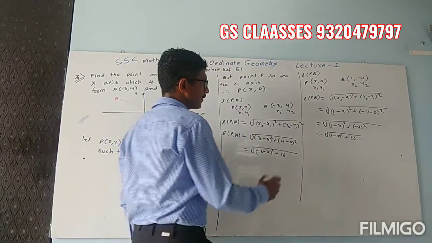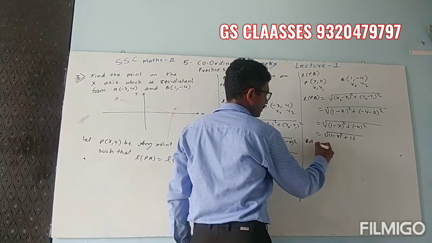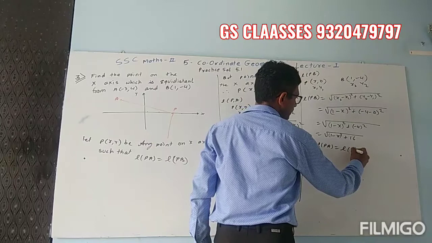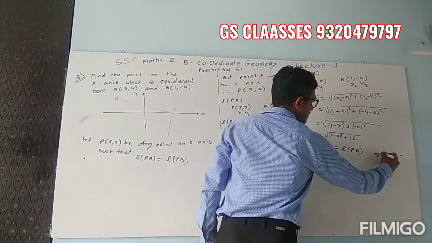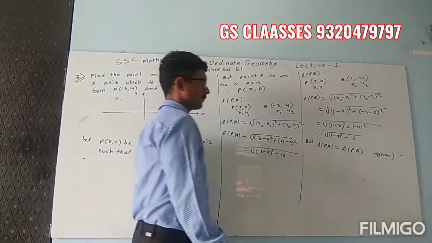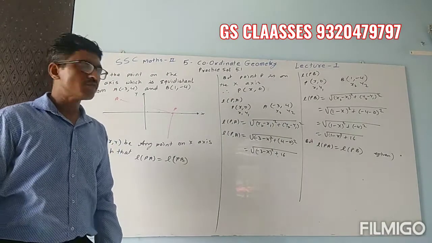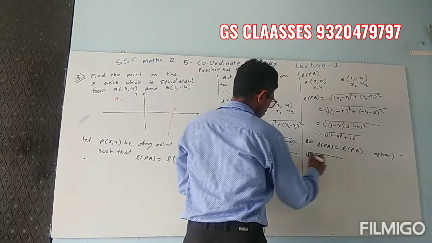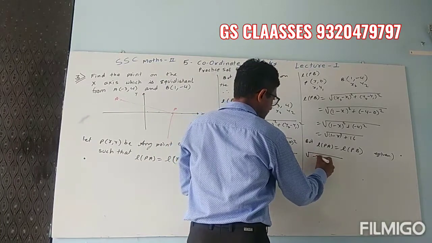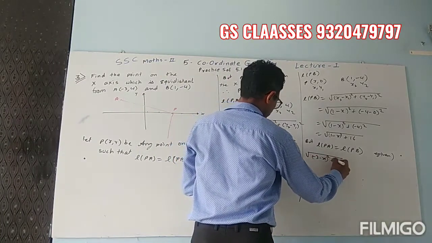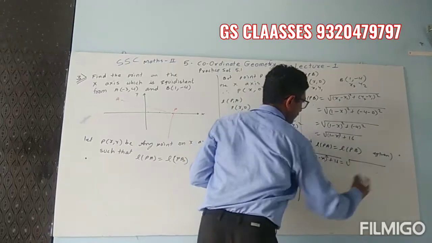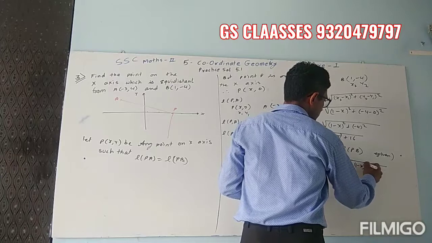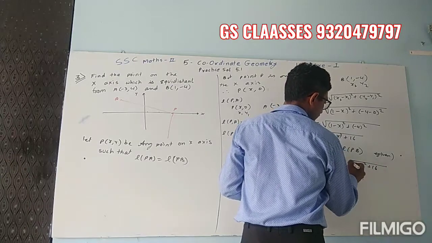Now, length PA equals length PB. This is given to us. If these values are given, I can now write root of minus 3 minus x square plus 16 is equal to root of 1 minus x square plus 16.